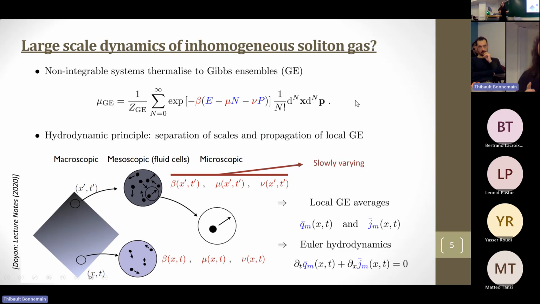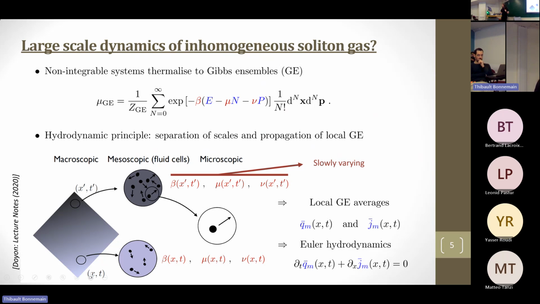And then hydrodynamics is obtained under 2 main assumptions. The first one is that we can have separation of scales, that we can construct mesoscopic fluid cells that are locally at equilibrium, described by those parameters beta, mu that vary slowly over the whole system, but are essentially constant over the mesoscopic scales. And then the other assumption is that those local equilibria will propagate in time.